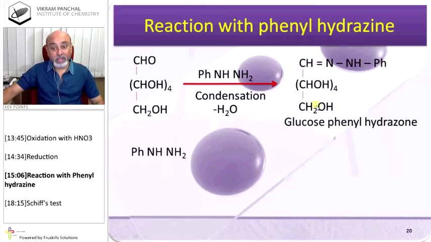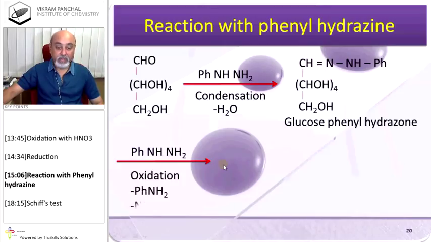Now this molecule again reacts with phenylhydrazine. This is something different. And here oxidation of glucose takes place. In this case you can see there are 4 CHOH groups between the first and last carbon. So below this carbon there is 1 CHOH over here, and 2 hydrogens from CHOH will be removed by phenylhydrazine. 1 hydrogen joins with NH2 which will give NH3, and another hydrogen joins with PhNH and gives aniline.